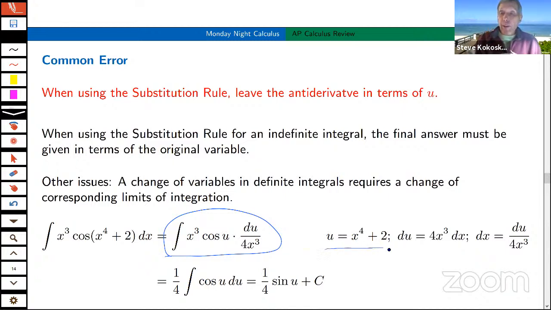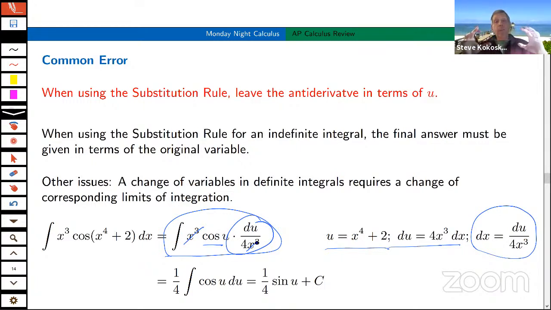I define my function u, I find du, don't forget the dx on the end, and I always solve for dx in terms of du and x. I have the cosine of u, I have what dx is equal to, and I get some nice cancellation here. I'm on that bridge. I cancel everything out, and now I'm in the u world with a nice, easy integration by inspection.